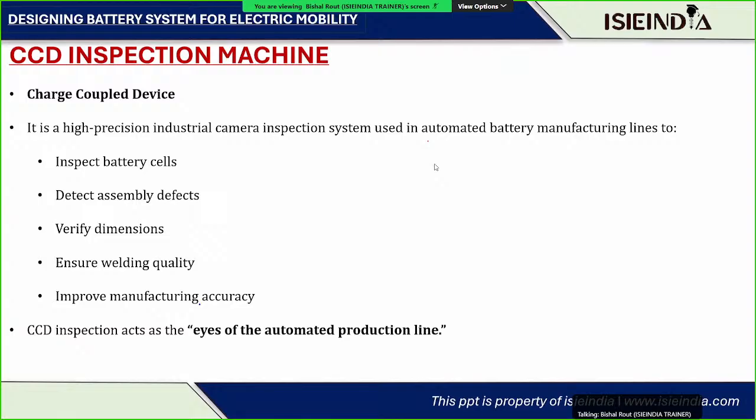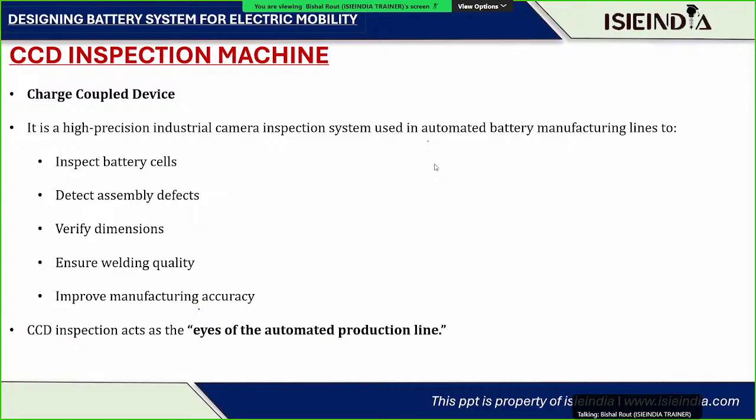If the camera detects any abnormality such as incorrect weld position, missing nickel strip, damaged insulation rings, or dimensional mismatch, if some cell goes up, some cell goes down, and the spot welding is coming down, the system immediately flags a defect or stops the production line. This ensures production consistency and prevents any defective battery pack from reaching customers.